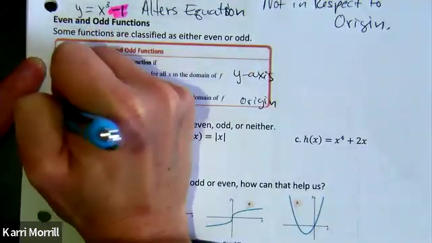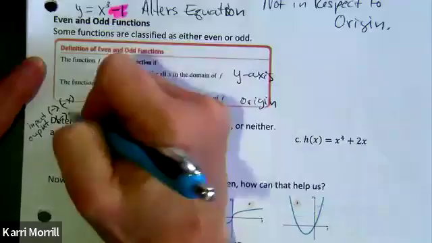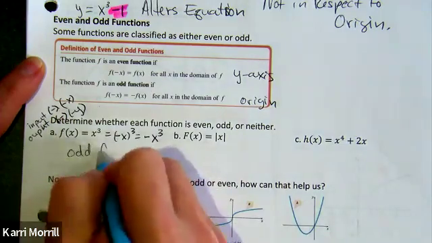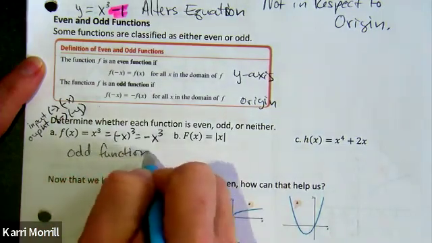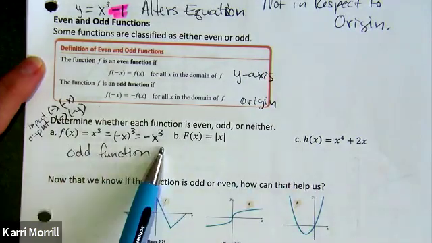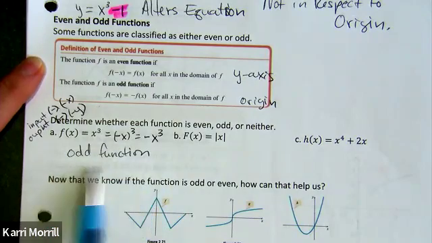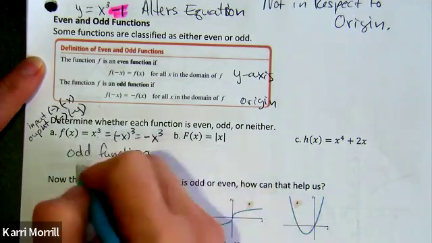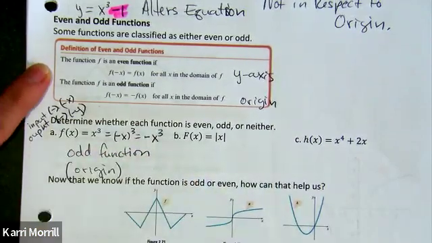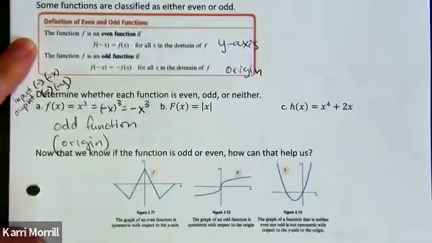If it gives you a negative output, that would be like a negative y. So this one would be an odd function, because when you plugged in a negative, your solution became negative. So odd functions are in respect to the origin. That's just a rule I like to tie it to because we've been going over that quite a bit.